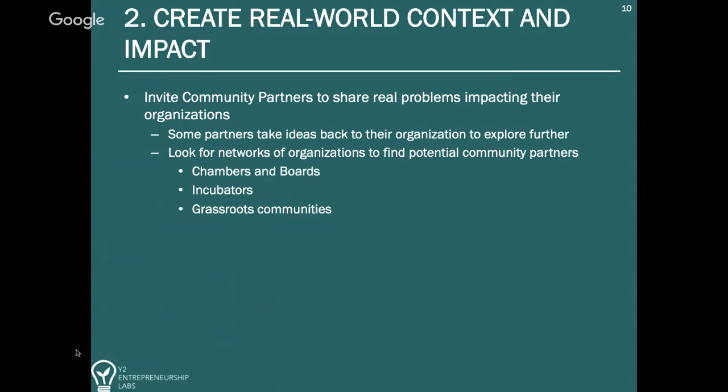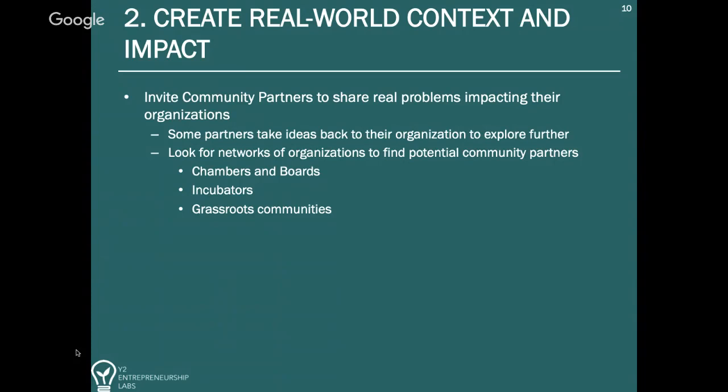There are places to look for potential partners. If you've got access and relationships with your local chambers of commerce or boards of trade, look there. Incubators, and this is referring to organizations that help startup companies begin, oftentimes located or hosted by universities or colleges.